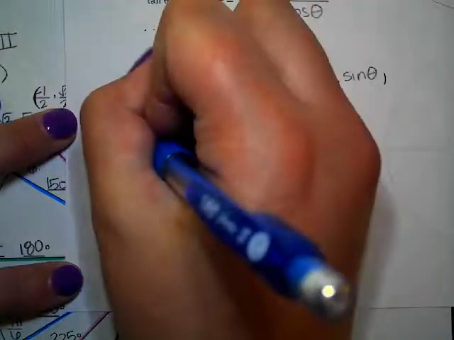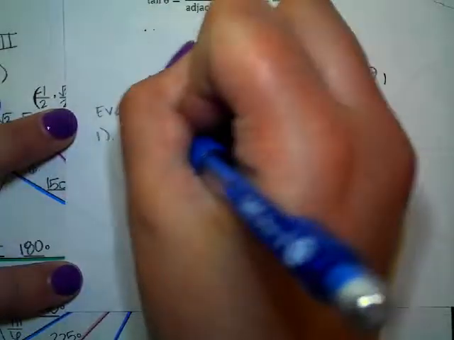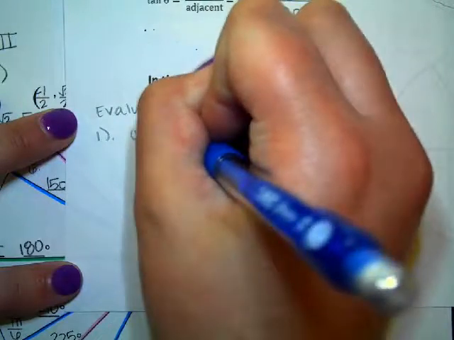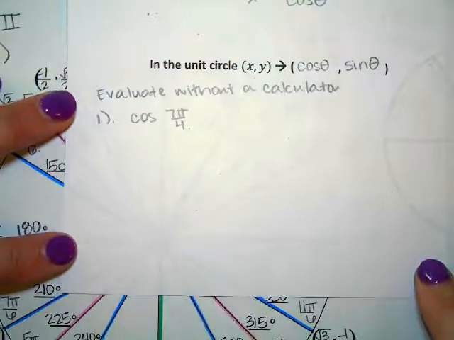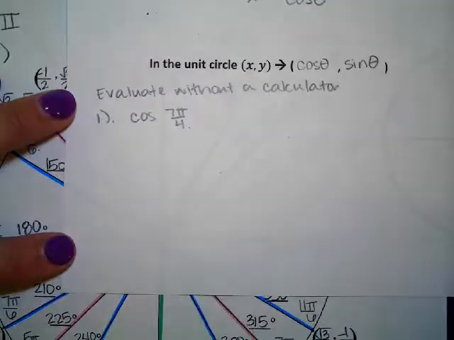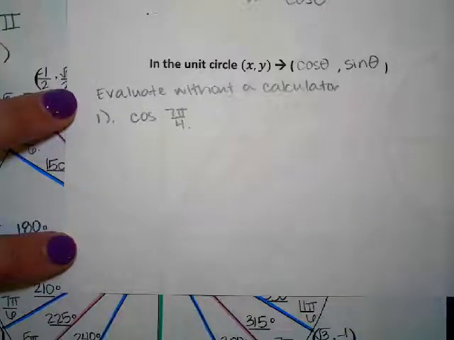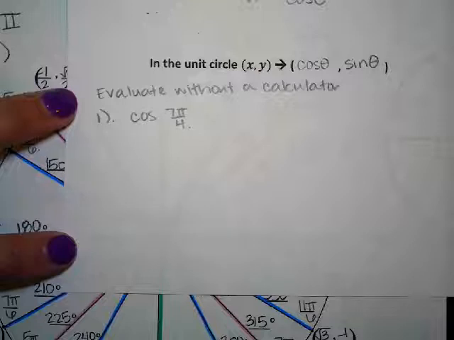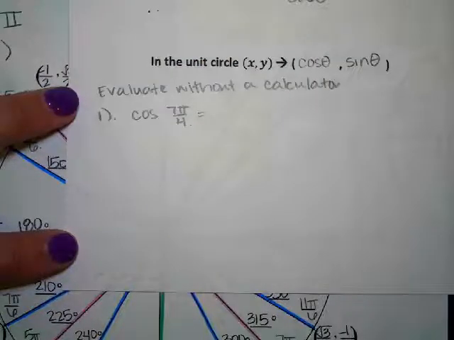So what you're going to do is you're going to look on your unit circle, you're going to find 7pi/4, and then because it is cos, are you going to look at the x-coordinate or the y-coordinate? X-coordinate, and the x-coordinate is the answer. So what is the answer? Root 2 over 2. That's all you got to do.